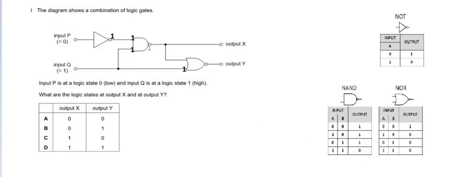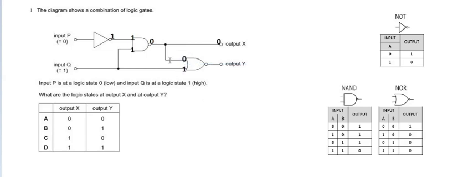So here I will write the output, 0. Now this 0 is the output X, because this is a common junction, and it also goes as an input for this NOR gate as well. It is 0.